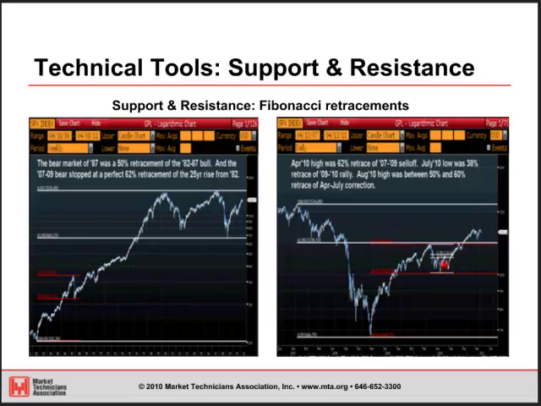This run-up from July into August stopped just between the 50 and 62% retracement of that April to July sell-off. So it's not easy to see on this chart because we're trying to look at a lot of different time frames at once. But at the end of the day, those Fibonacci retracements very, very often serve as support and resistance around these critical turns.